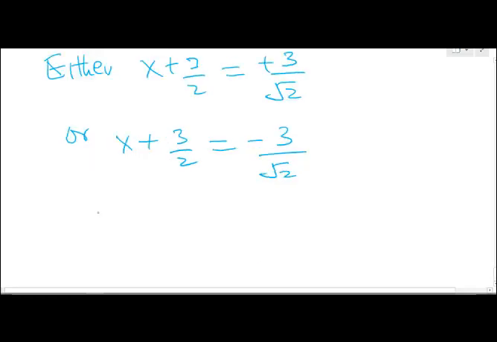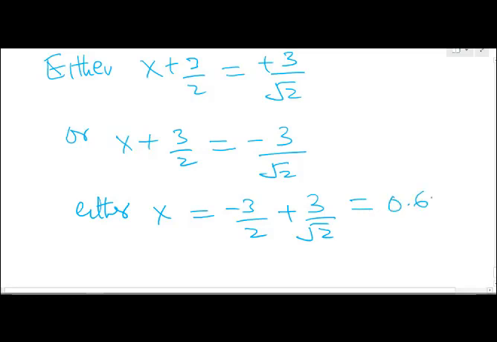If we collect the like terms together, for the first choice, we have either x is equals to minus 3 over 2 plus 3 over root 2, and that one is equals to 0.6213, while x is equals to minus 3 over 2 minus 3 over root 2 is equals to minus 3.6213.